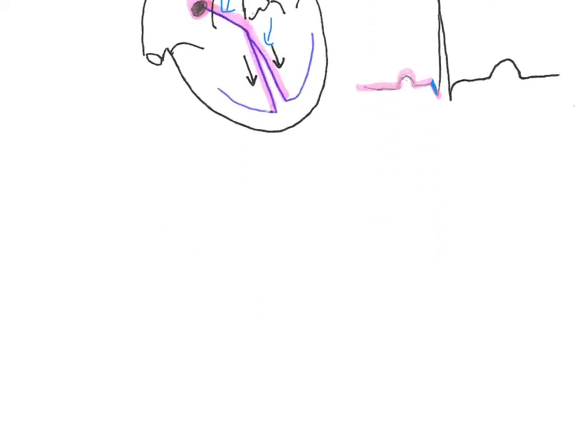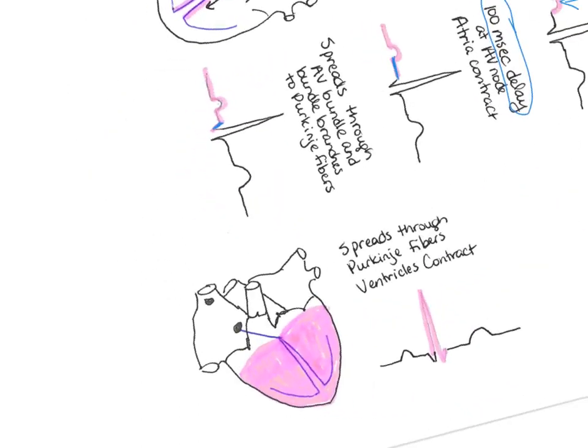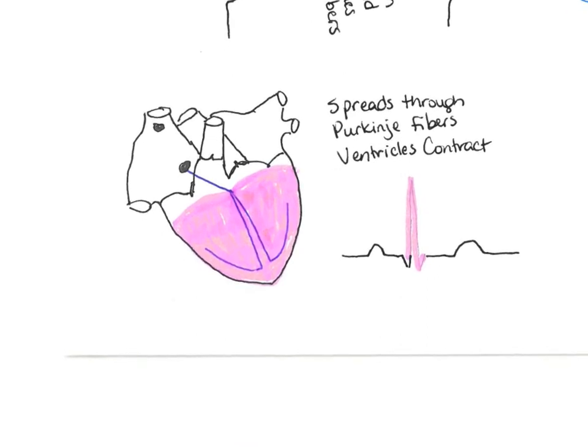Then we get here, and we see that the stimulation has spread around those Purkinje fibers. And now the Purkinje fibers are giving that stimulation to all the contractile cells in those ventricles. And so here you see the rest of the QRS complex occurring as those ventricles are receiving that stimulation, so they're depolarizing, and very shortly after that, the ventricles contract, right?